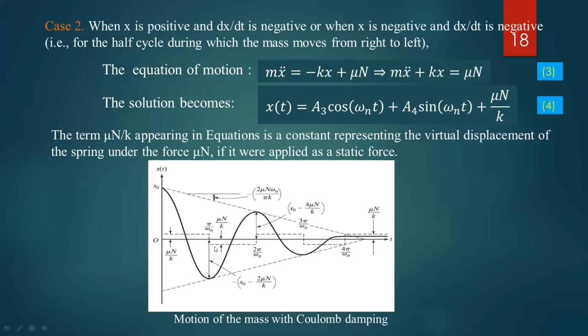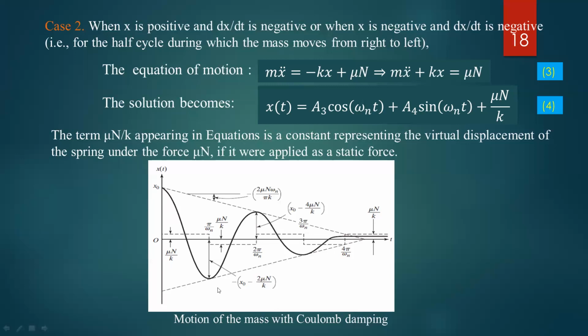Again, for the next pi over omega n, we have a similar decrement, mu N over k, so that in total from here to here, it is a minus 2 mu N over k decrement from x naught, because from here to here it was x naught.